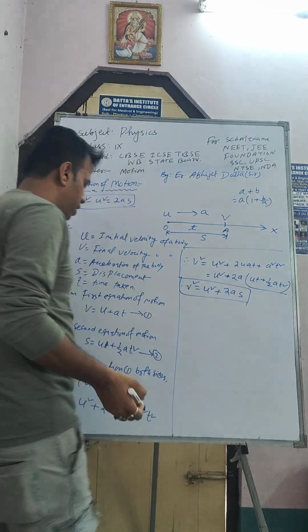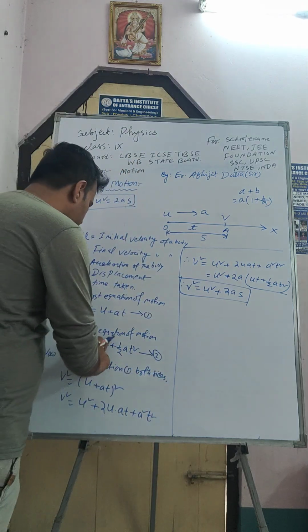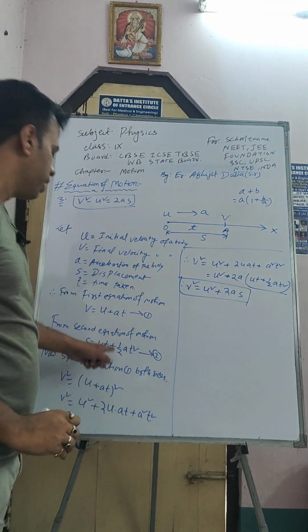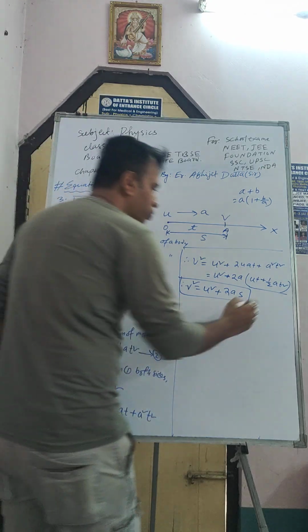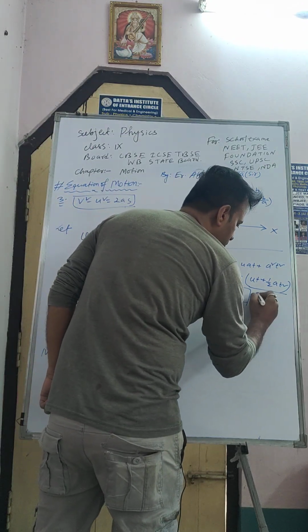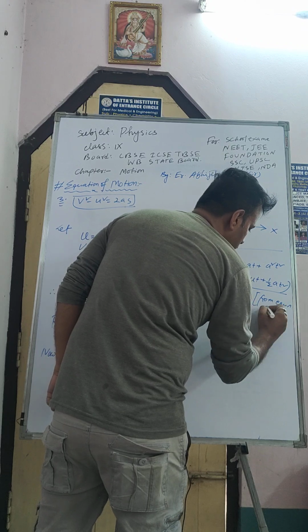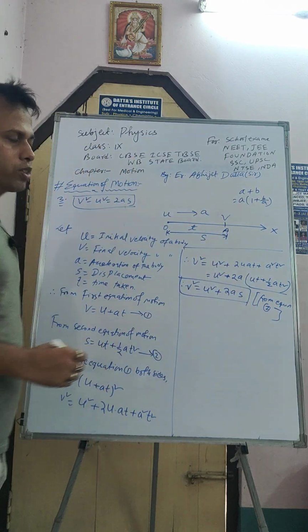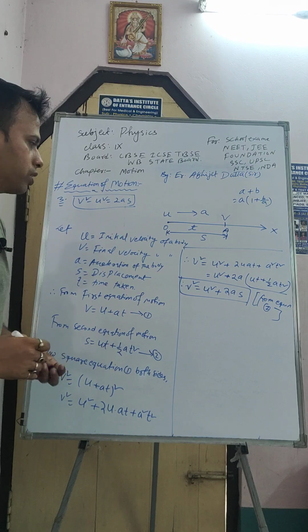From the second equation of motion, we can write s is equal to ut plus half at square. So from equation 2, v square equal to u square plus 2as. This much is completed.